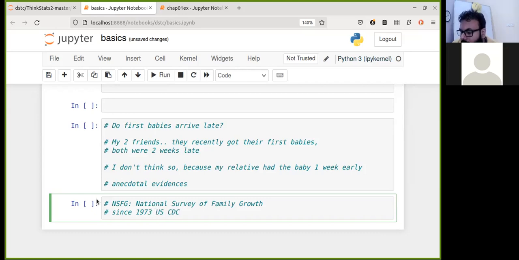So we will try to understand this data set first, and then we will try to draw conclusions.